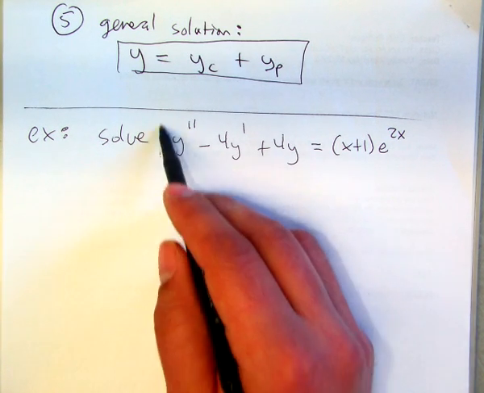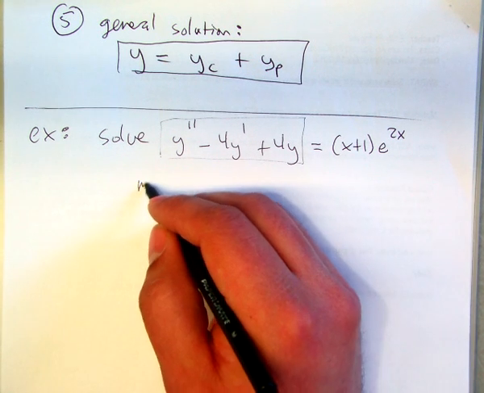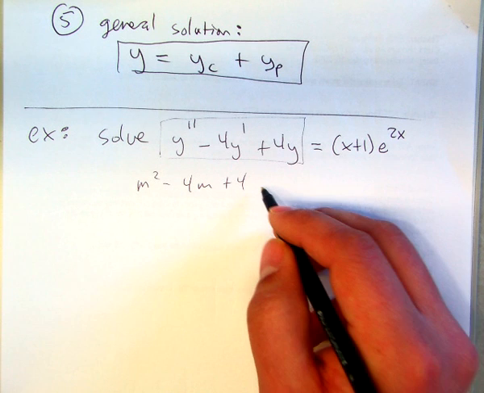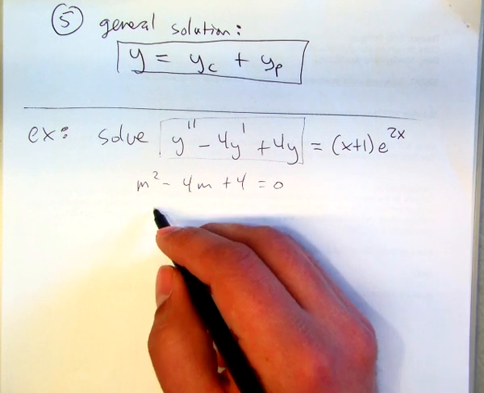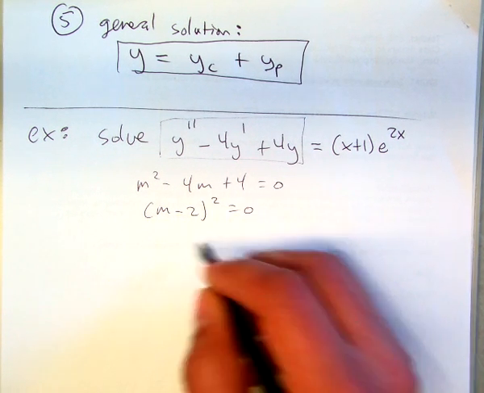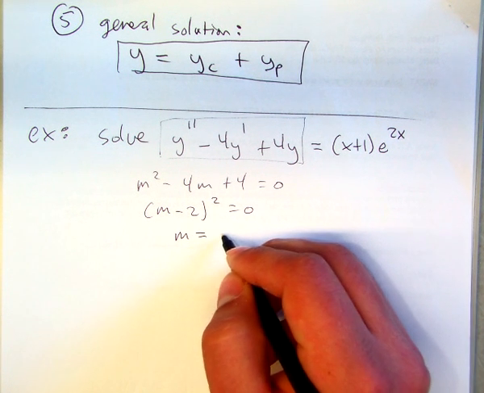So looking at the differential equation's left-hand side, the auxiliary equation is m squared minus 4m plus 4. We set that equal to 0. We factor. We get (m minus 2) squared. So we get a repeated root of 2.